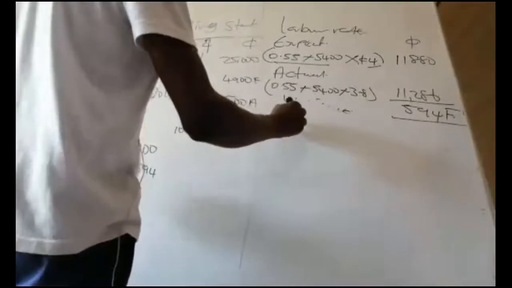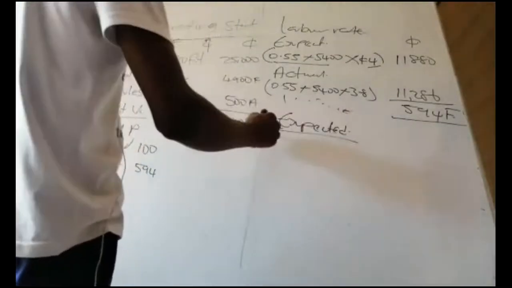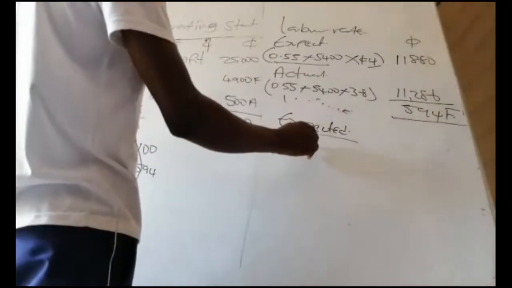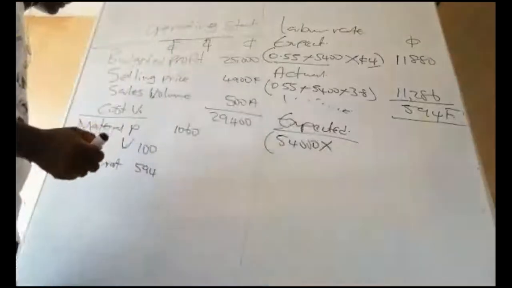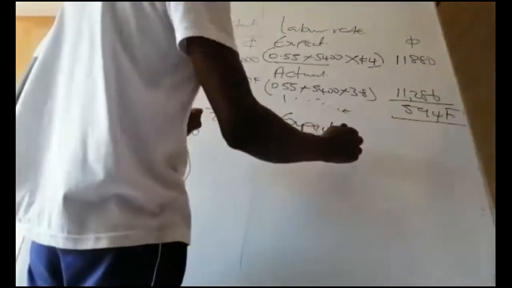For expected hours, you pick the actual units, which is 5,400, and multiply by the standard hours per unit. If you want to produce a unit, 0.5, right? 0.5, yeah.